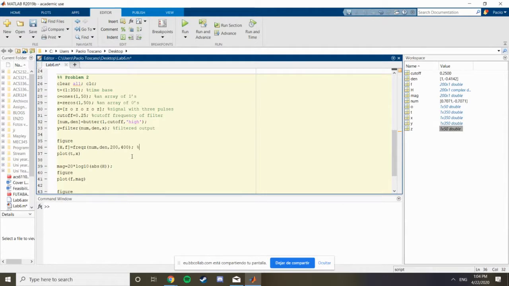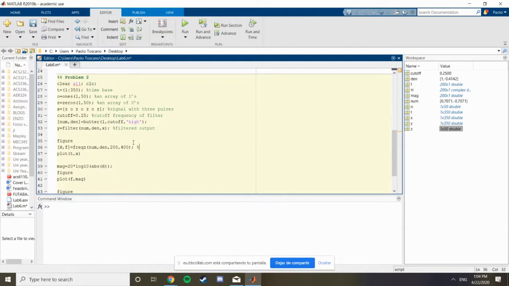It plots the frequency response between 0 and half of the sampling rate. So frequencies between 0 and 200 hertz are going to be plotted using 200 samples, which is one sample per hertz.